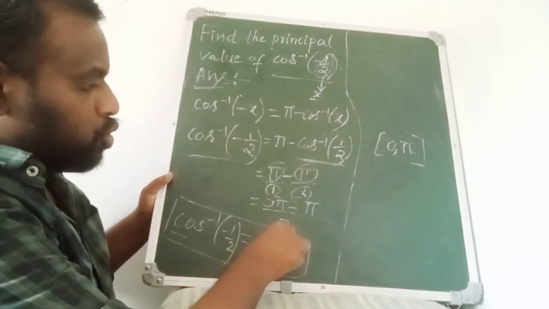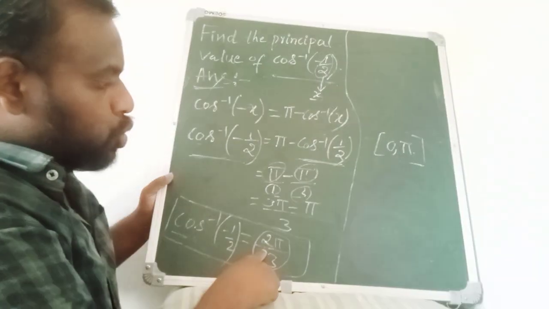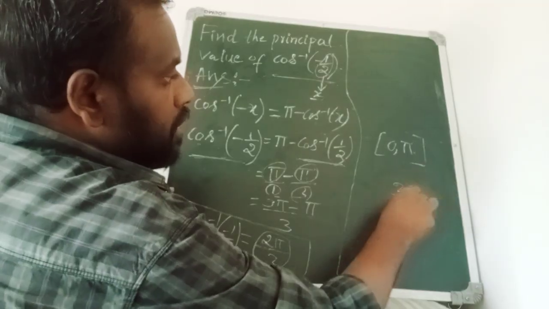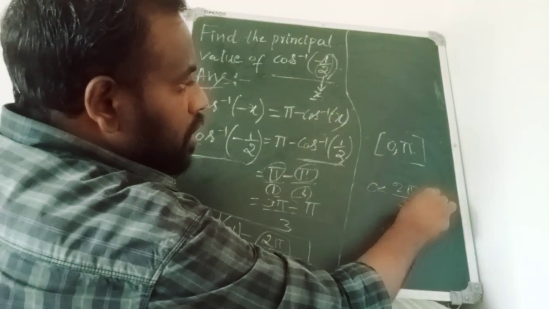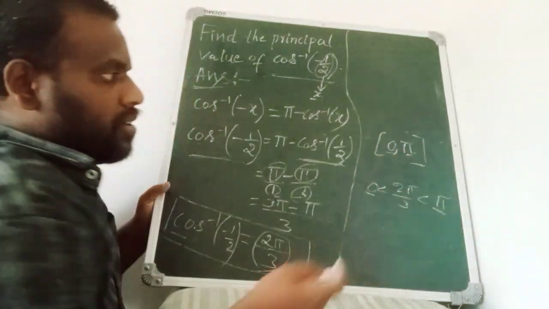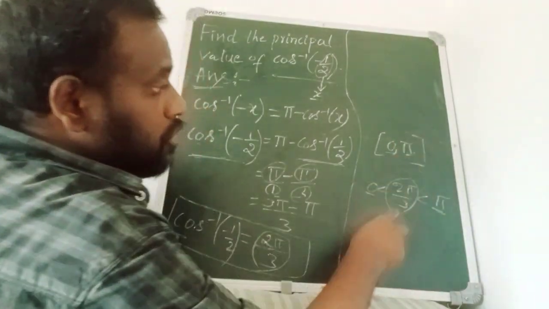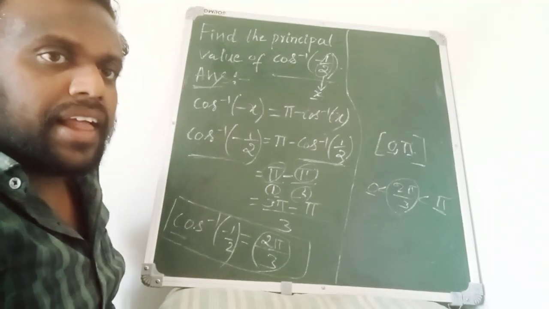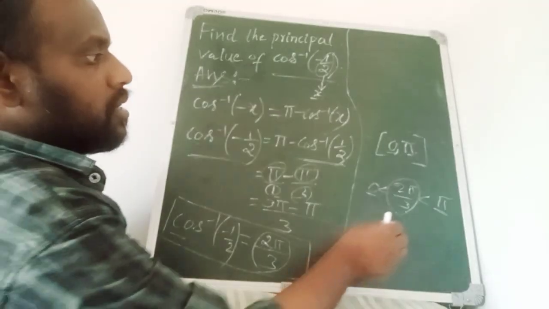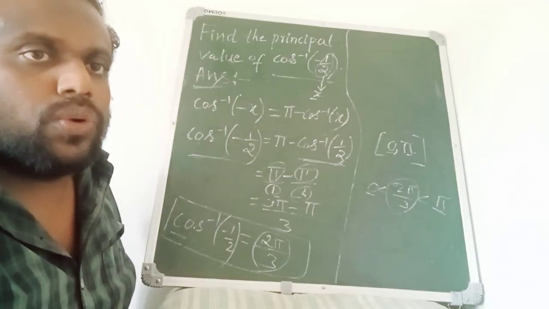Now we check whether 2 pi by 3 lies in the range. Yes, it is. See, 2 pi by 3 is greater than 0 and less than pi. So 2 pi by 3 lies between 0 and pi, and is in the range of the cos inverse function. So this is the principal value. What do you mean by principal value?